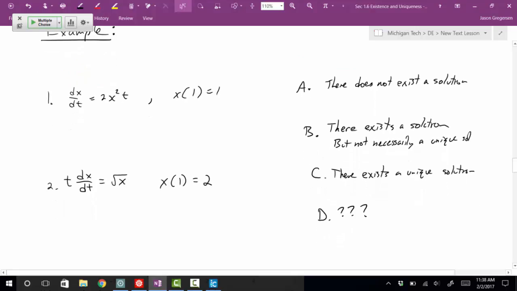How about which applies the best? Which of these applies? Here is an initial value problem. Differential equation subject to x of 1 equals 1. Is there a solution to that differential equation, that initial value problem? Does there exist a solution? Maybe there doesn't. There might not exist one. There might exist one, but it might not be unique. Or there might exist a unique solution.